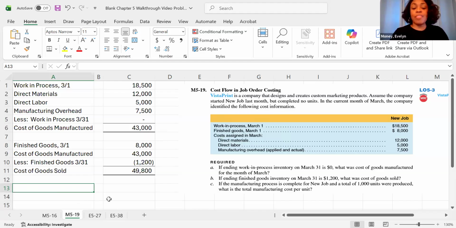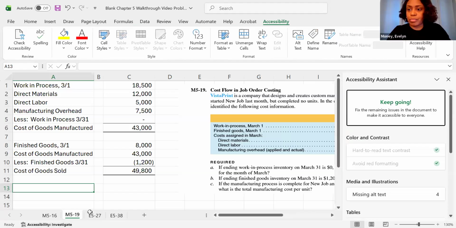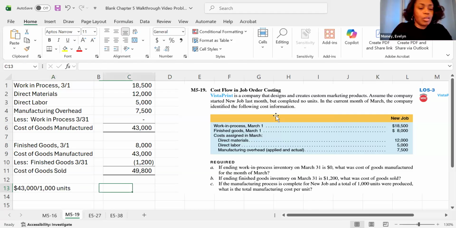So if we needed to find the total manufacturing cost per unit, we're going to take our cost of goods manufactured of 43,000 and divide it by the total number of units we produced, 1,000.